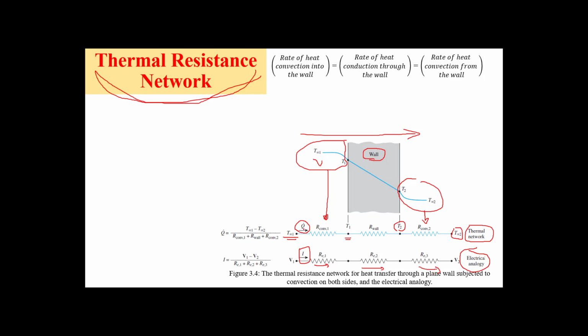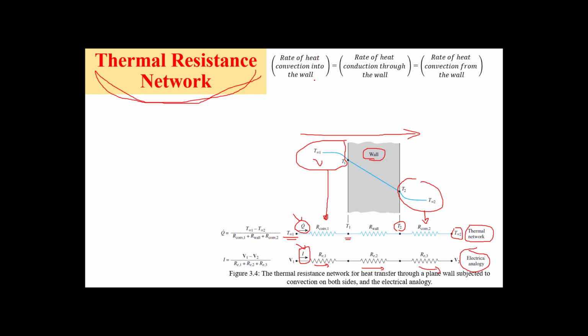The same for Q. Q passing through R convection 1 must equal Q passing through R wall, which must equal R convection 2, which is equal to Q total. Okay, I will not name it as Q total, but you must know that this is the same Q.